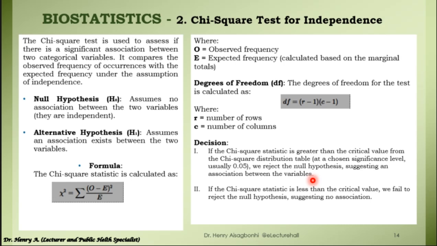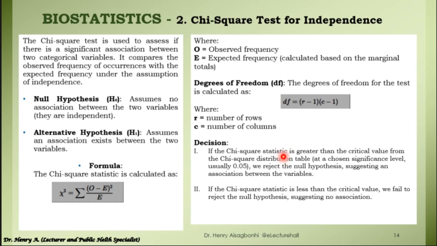But if the chi-square statistic is less than the critical value at 0.05, we fail to reject the null hypothesis. So in one case we reject the null hypothesis, and in the other case we accept it, suggesting that there is no association.